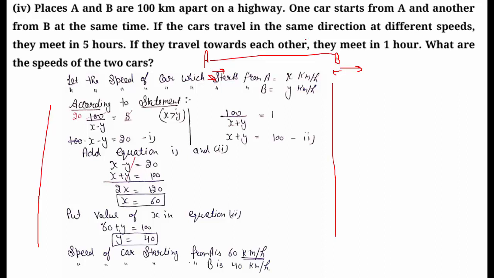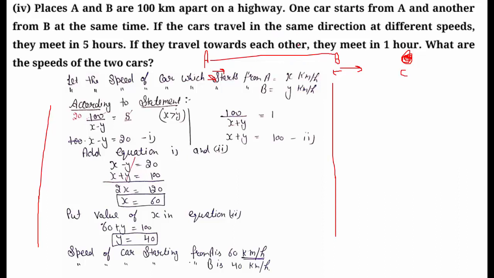If they travel in the same direction like this, they will meet here, say at C. Now AC equals AB plus BC, and BC is 5 into y, and AC will be 5 into x, because distance is speed into time, and AB is given as 100 kilometers. So 5x minus 5y equals 100.